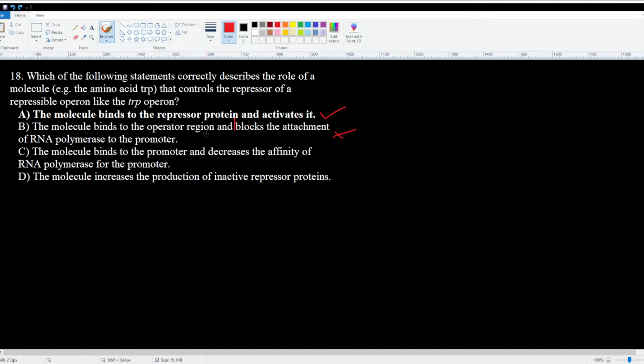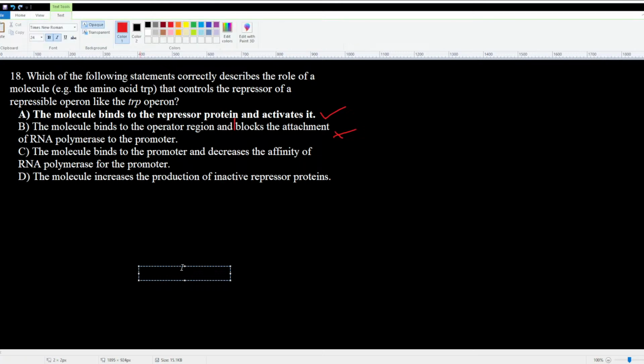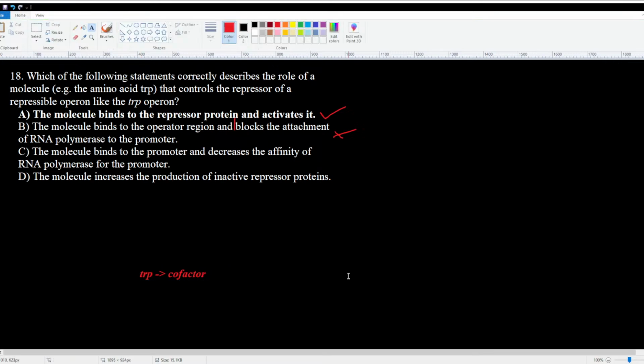So in this sense, we can consider tryptophan to be what's known as a cofactor. We call it a cofactor because it needs to work together with something else. Hence, co. Co means with or together, right? So tryptophan acts as a cofactor in this sense.